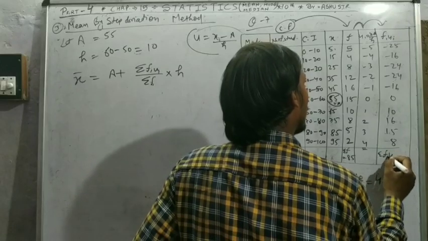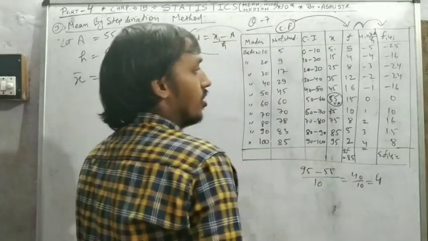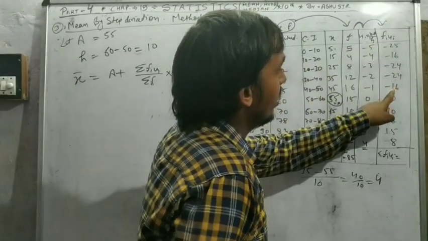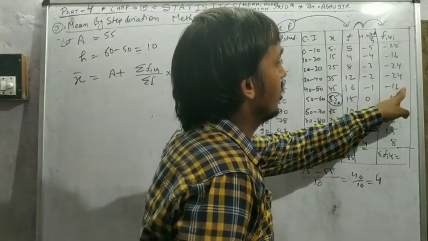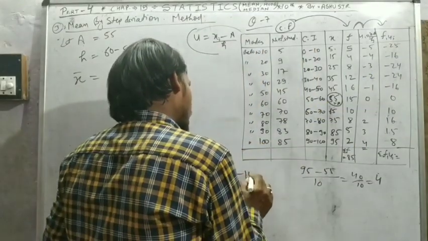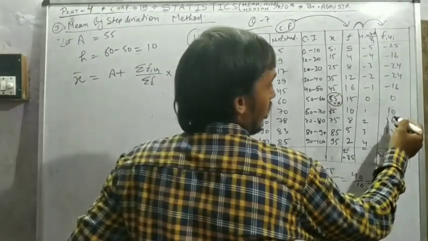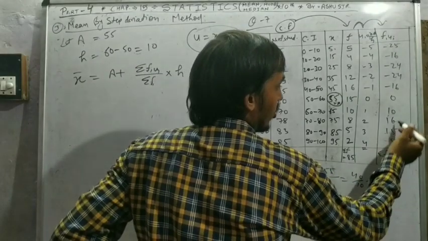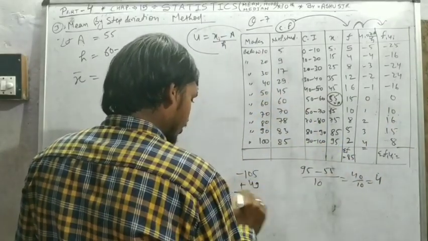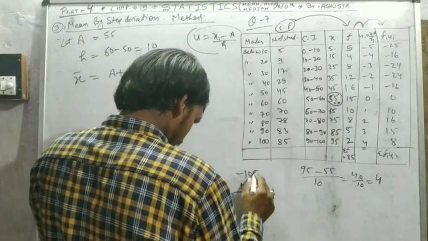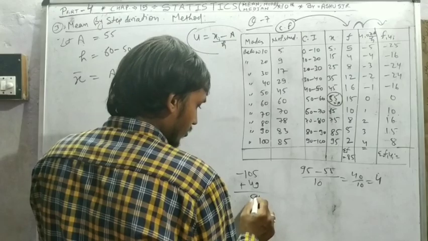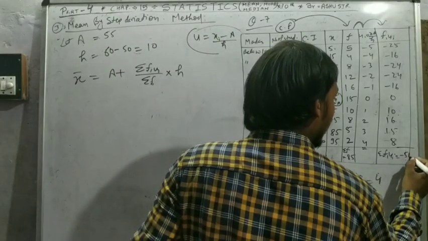Sigma fu, minus thing: 20, 30, 40, 40, 40, 80, 90, 100, minus 105, 24, 34, 39, 49. Minus 56.